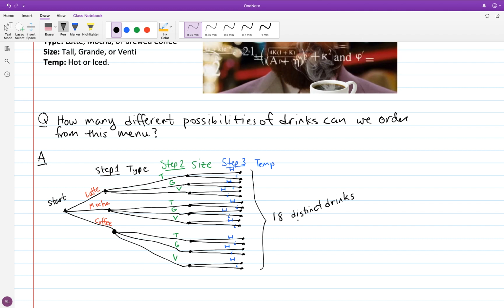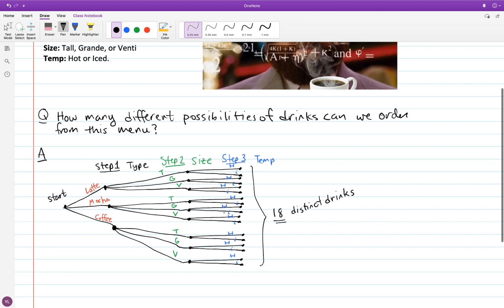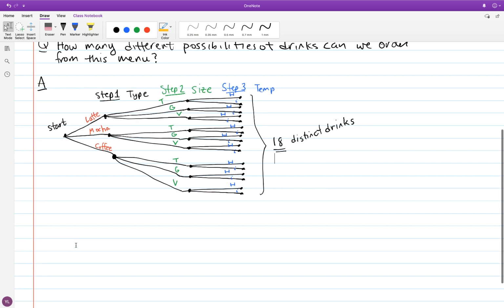And let's take a look at the math that we used in that counting. I can visualize it and I can just count the dots, but how could I get this answer without having to draw this super awkward tree? Well, at step 1, I had 3 choices, and for each one of those choices, at the second stage, I had 3 possibilities for the size of the drink.